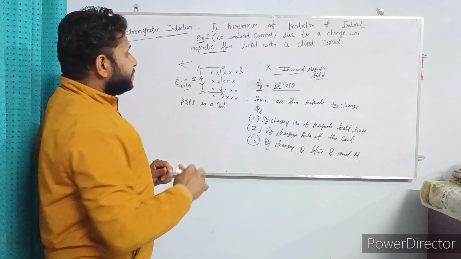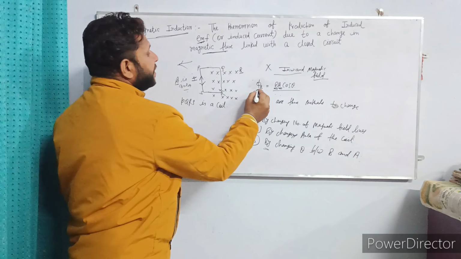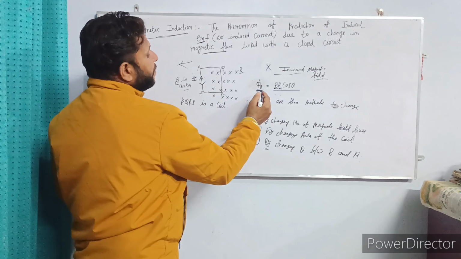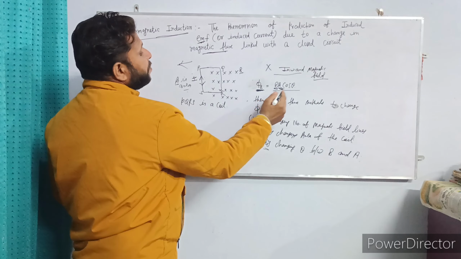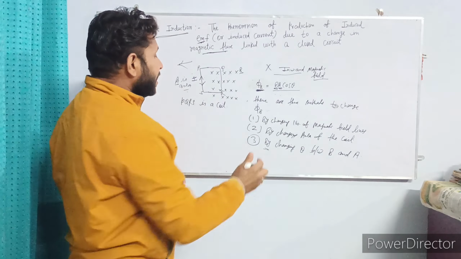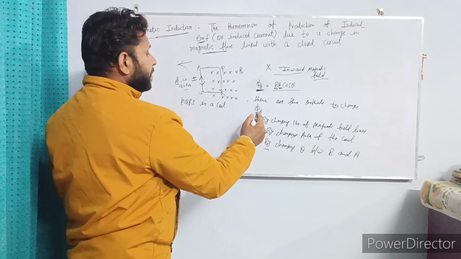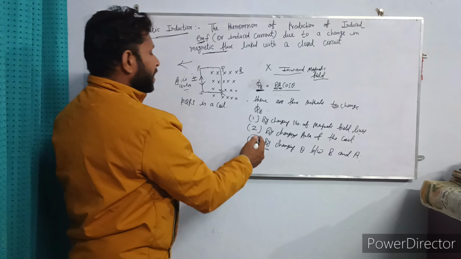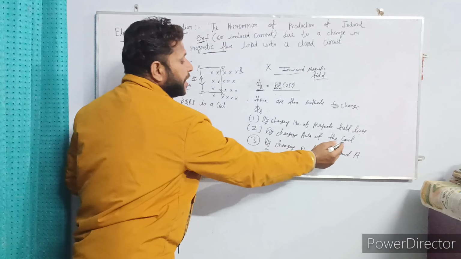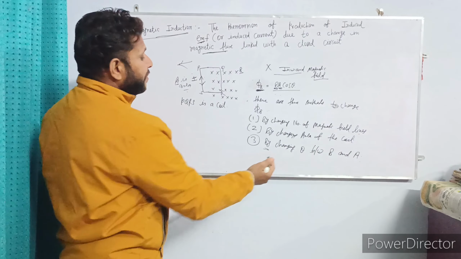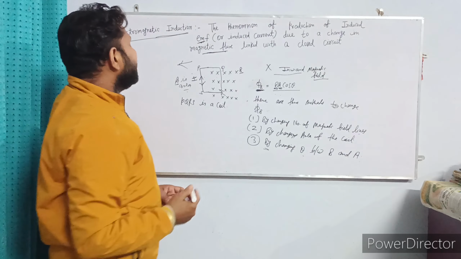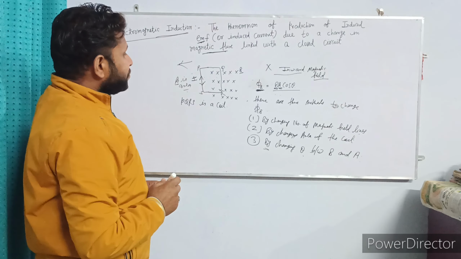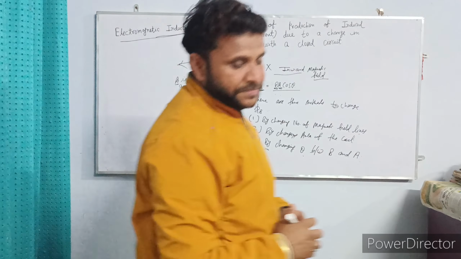In all three ways, magnetic flux changes, because the magnetic flux formula is phi equals BA cos theta. So there are three methods to change magnetic flux. First is by changing the magnetic field, second by changing the area of the coil, and third by changing the angle theta between B and A. Okay students, note this down please.